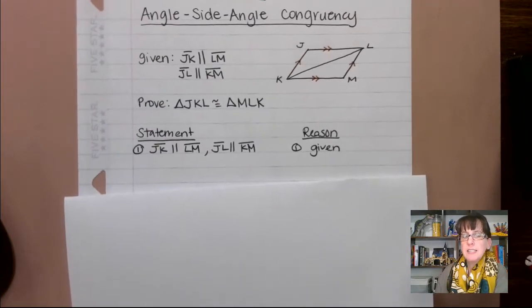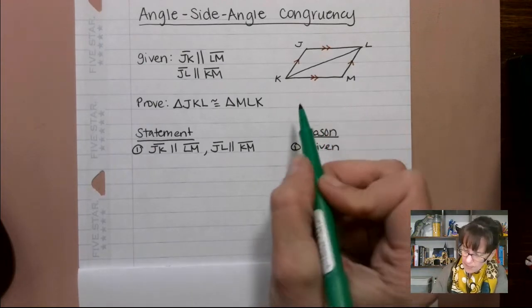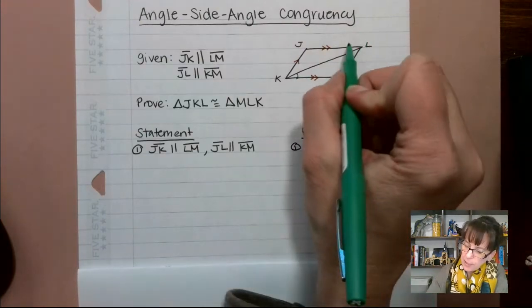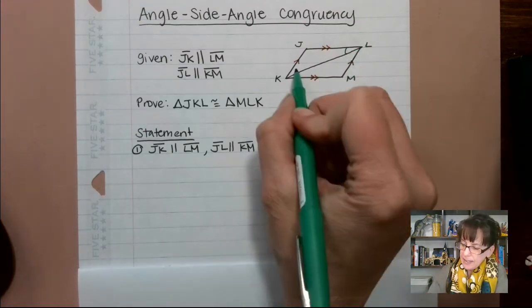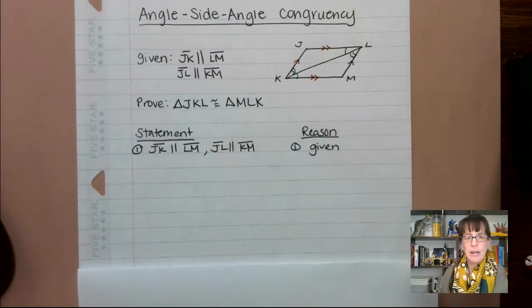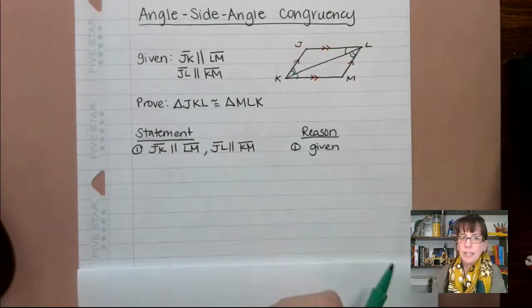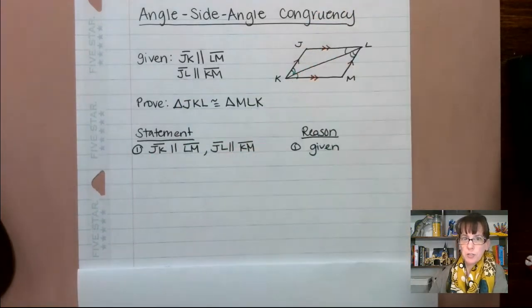The first is that we have parallel lines here, which means we have angle relationships. What I mean by that is this guy is going to be congruent to this guy, and this one is going to be congruent to this little dude right over there. The reason being is because these lines are parallel, they are cut by this transversal here.